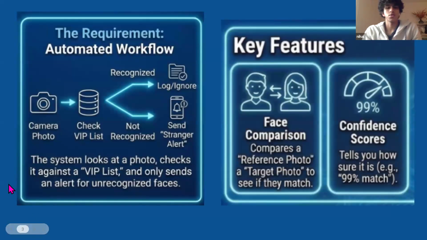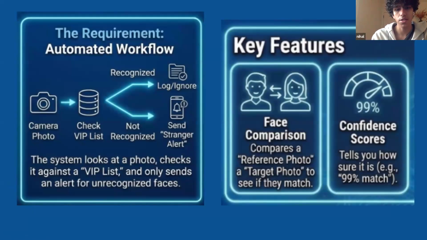So this is the workflow they just explained. The camera takes a photo, it checks the VIP list, and if it's recognized, it logs it or ignores it, and if it's not recognized, it sends a stranger alert. Some key features were the face comparison, which compares the reference photo with the target photo, the photo the camera just took, and sees if they match.